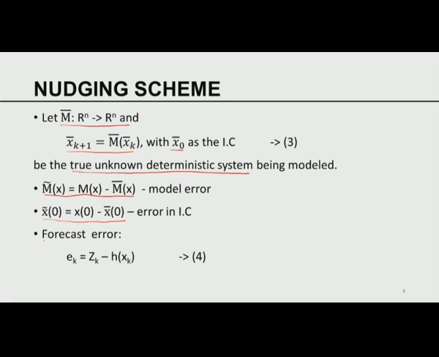So if I use M as the model to generate the forecast x_k, x_k is the forecast generated out of the model M. M may have errors. z_k is the observation coming from measurements of the real world. So e_k is the forecast error as given in equation 4.